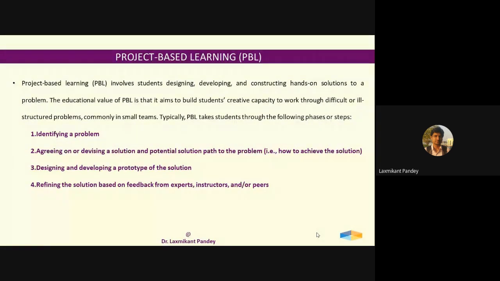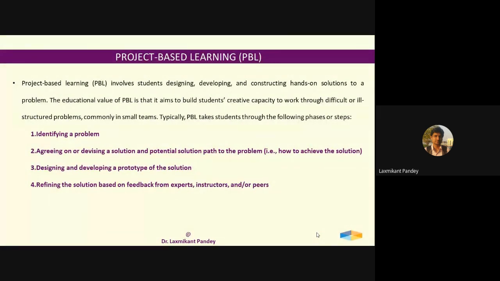The second is agreeing on and devising a solution and a potential solution path for the problem. So how do we solve those problems? I am going to explain with some live examples. Any problem may have one solution, but that solution may be obtained by different pathways.